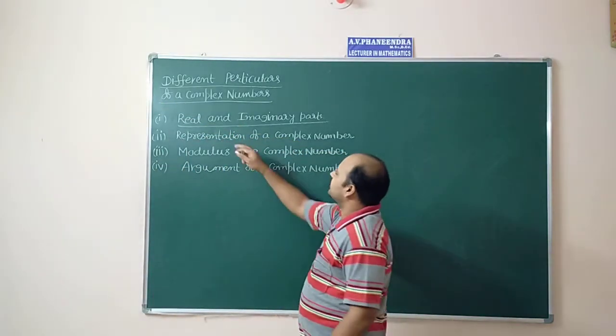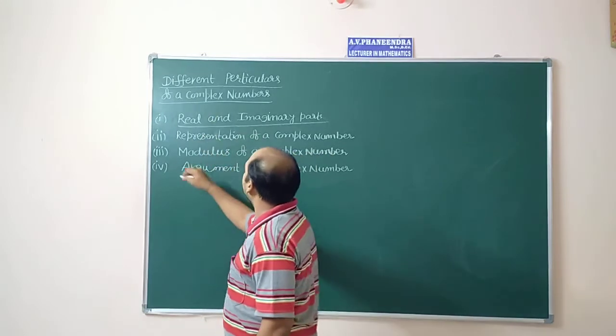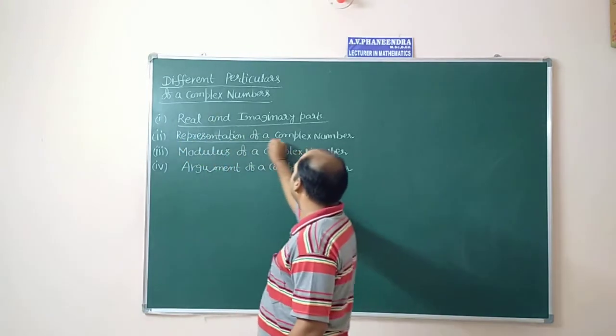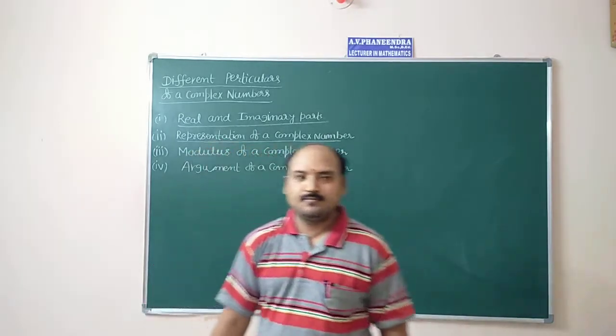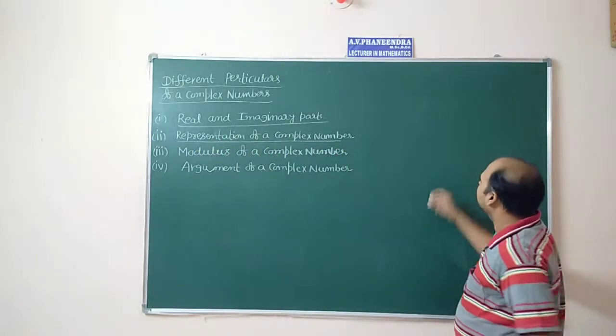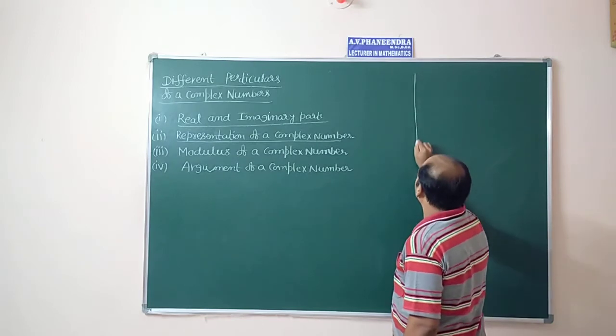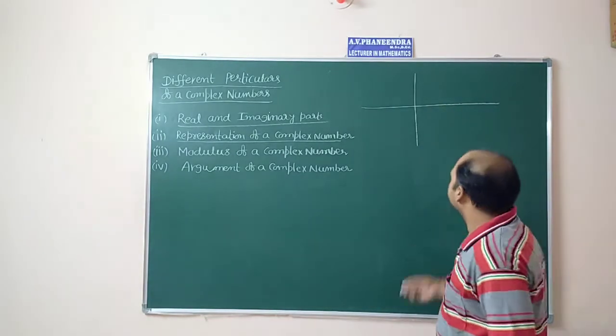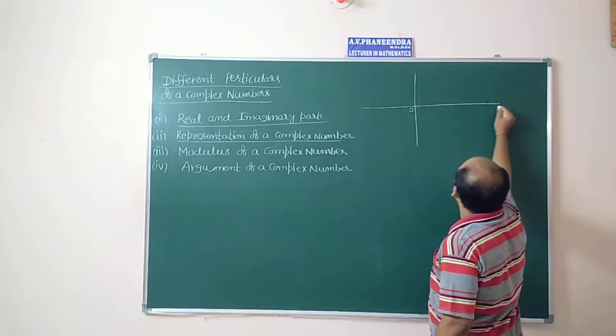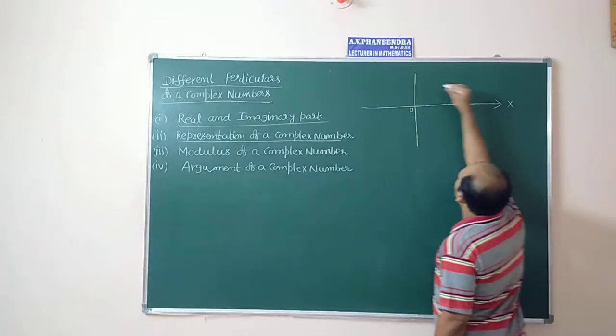Now, the second particular of a complex number is the representation of a complex number. Generally, this is the coordinate system. This is the origin, x-axis, y-axis.